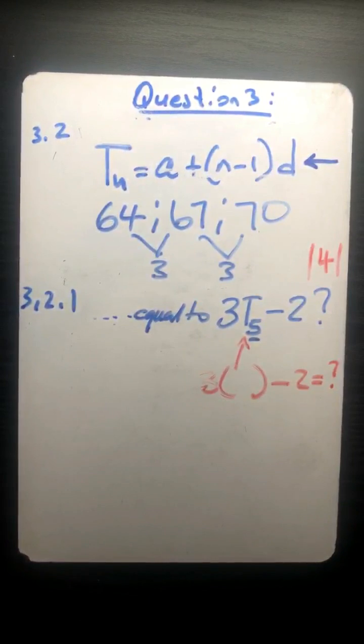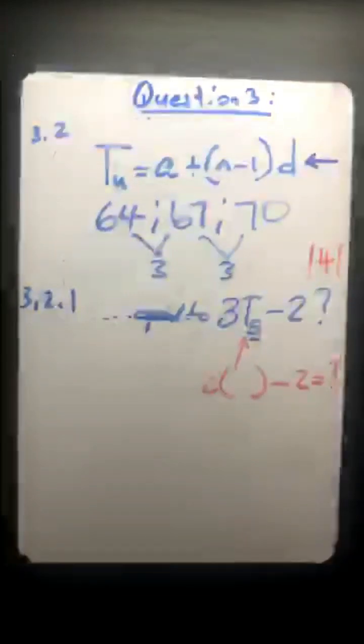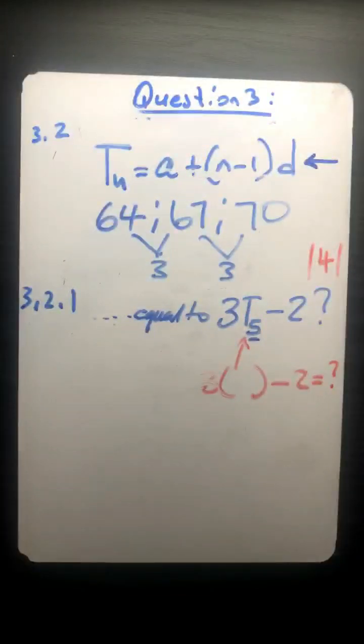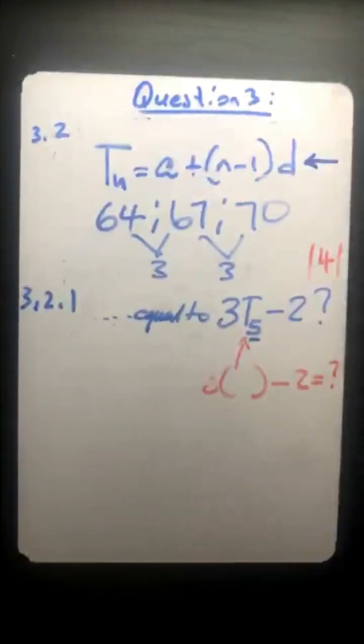Someone is saying it's because we don't have A. But now, isn't there a way in which we can calculate that A value? Yes, we can by using the formula. Okay, maybe someone try to explain how we are going to calculate that A value.